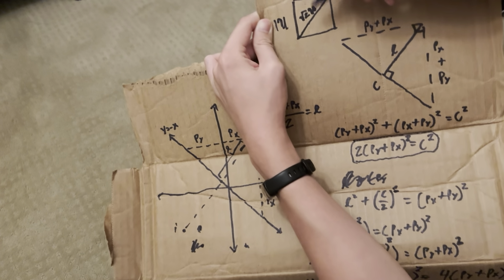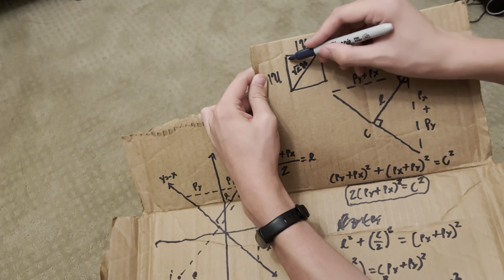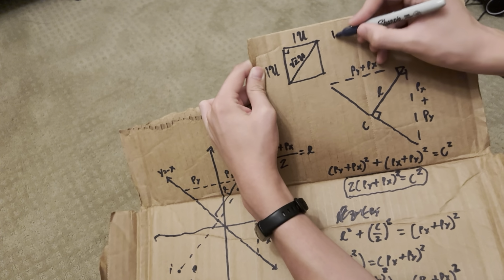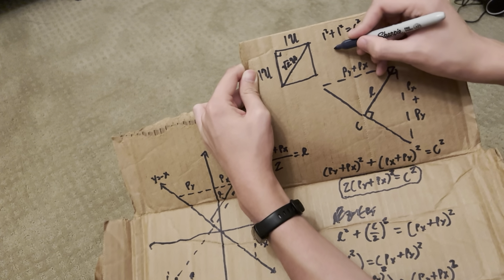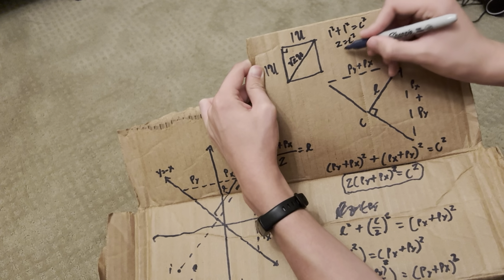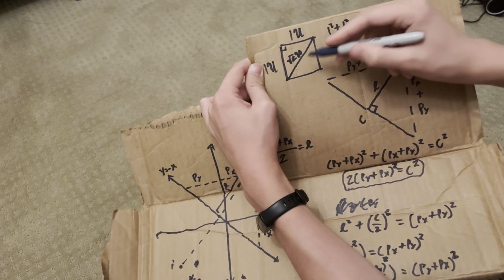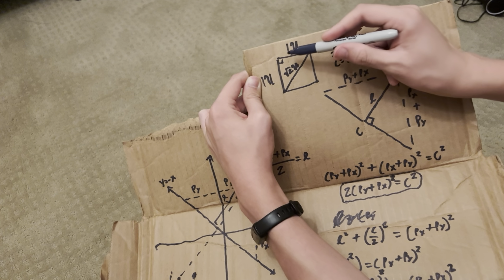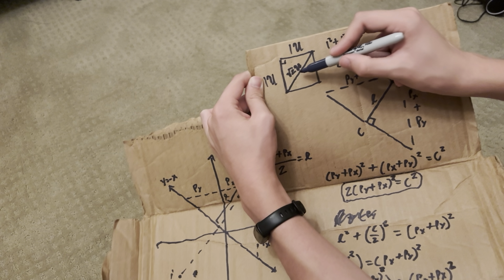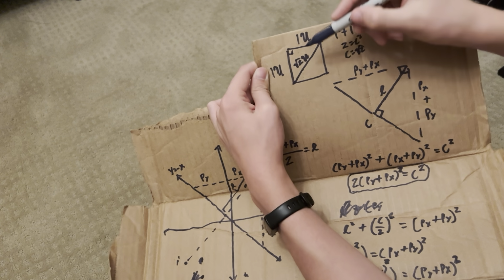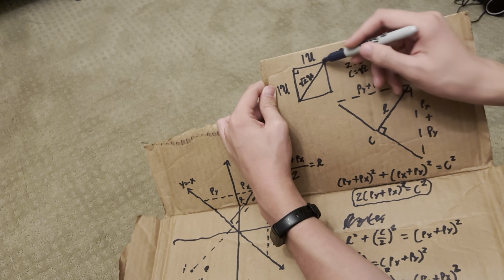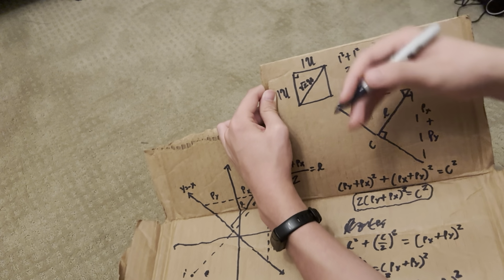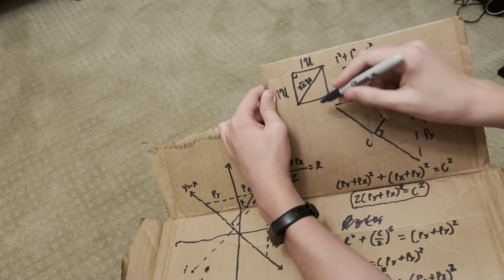This is because of the Pythagorean theorem again, because 1 squared plus 1 squared equals c squared, 2 equals c squared, c equals the square root of 2, c being the hypotenuse, which is the side that is opposite the right angle. So, for every 1 unit, which is like one little grid length, we have square root of 2 units.